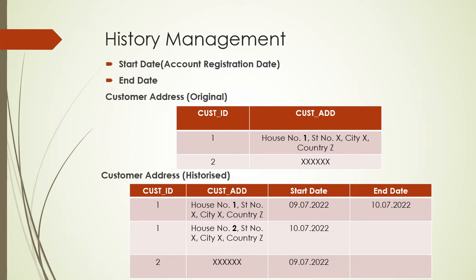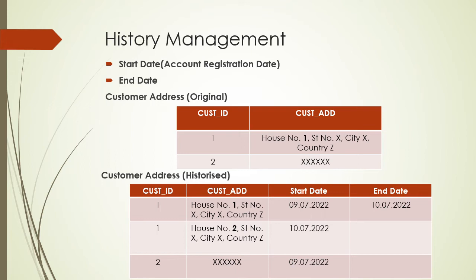There are multiple kinds of techniques. It depends on how the architecture is built. Sometimes the developers make it in such a way, or the architects advise, that we put the end date as null, or they can put the end date as a high date. The high date is the highest date available in the database.